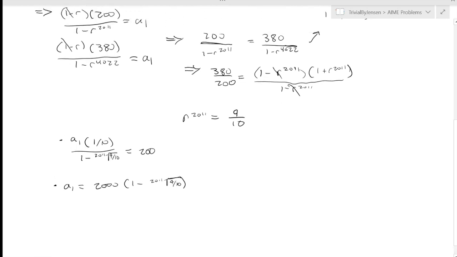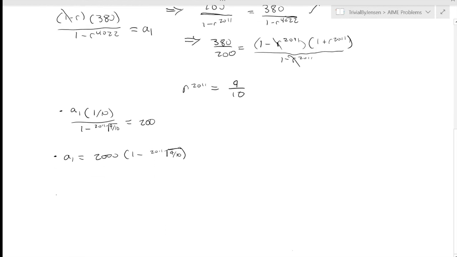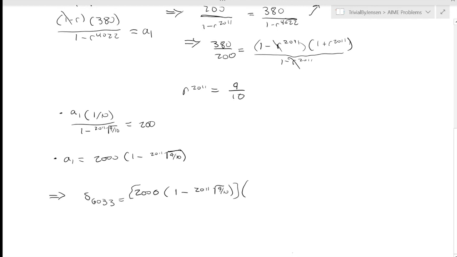And now we can directly solve for S sub 6033. That's equal to a1, which is 2,000 times 1 minus the 2011th root of 9/10, and then times 1 minus r to the 6033, which is r cubed.